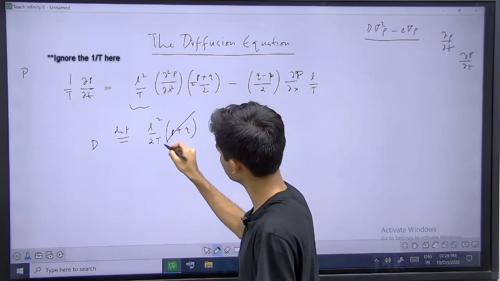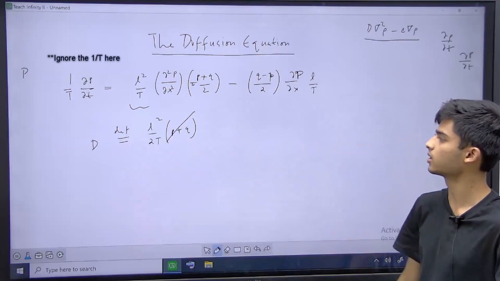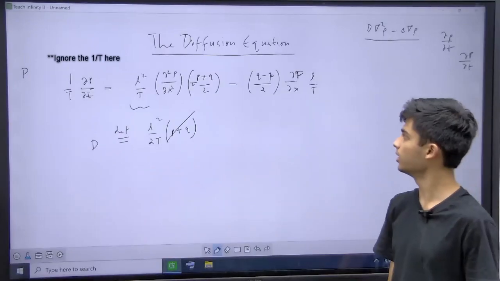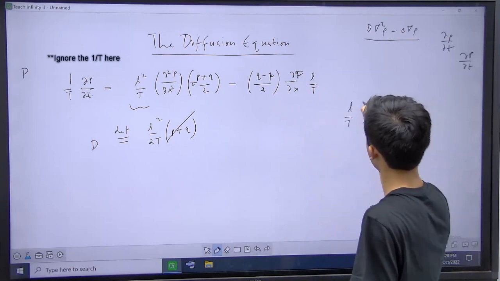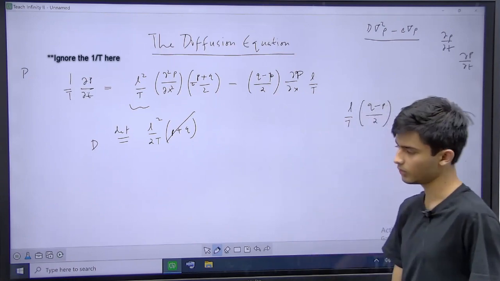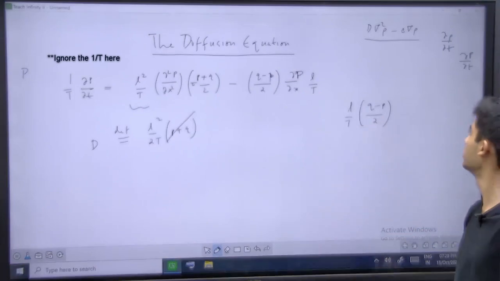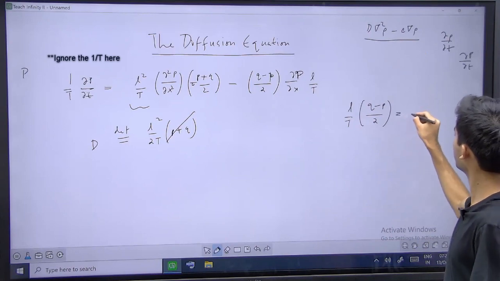Correct? So L square over 2T is, whatever the characteristic time, capital D. And there is also this term, which has the physical dimensions of a velocity, so it's in agreement, and I will write this as v.